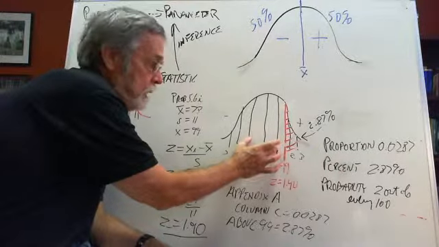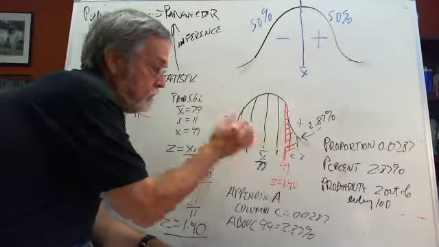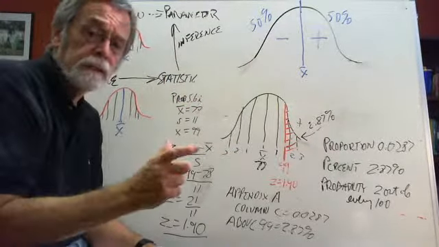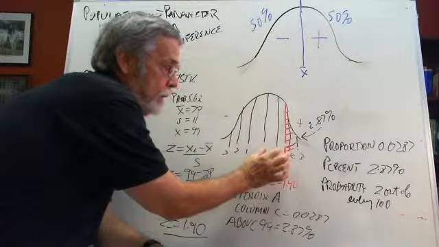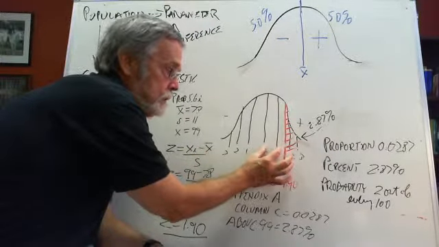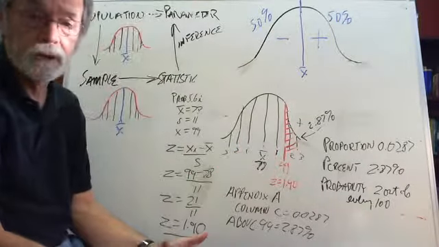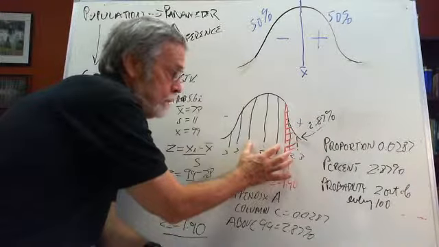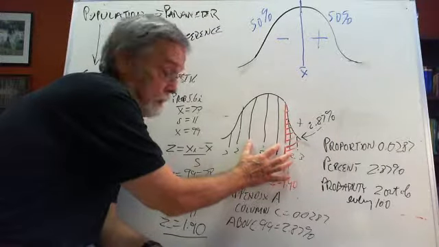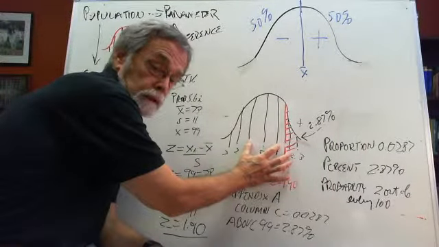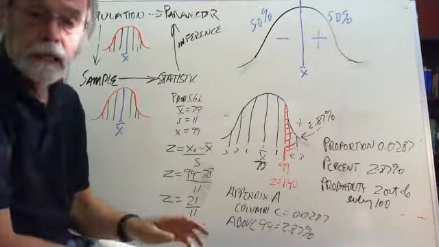If you've got two z-scores and one is on the right-hand side of the mean and one is on the left-hand side of the mean, then you take the column B for the one on the right-hand side and column B for the one on the left-hand side, and you simply sum those up, and that gives you the total amount of proportion, percentage, or probability between those two z-scores.